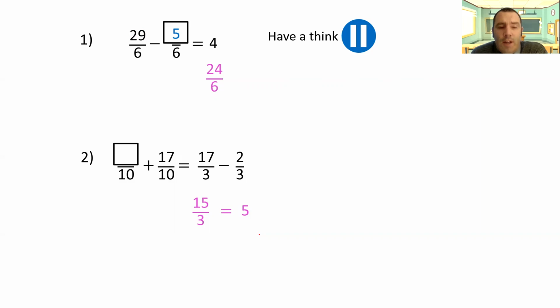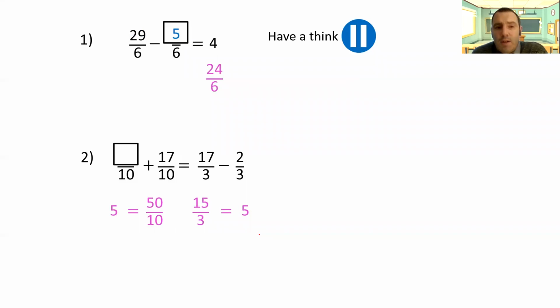So knowing that this needs to be equal to 5, I know that 5 equals 50 tenths. So 1 is 10 tenths, 2 is 20 tenths, 3 would be 30 tenths, 4 is 40 tenths, 5 is 50 tenths. So I need to work out what I add to 17 to make 50.